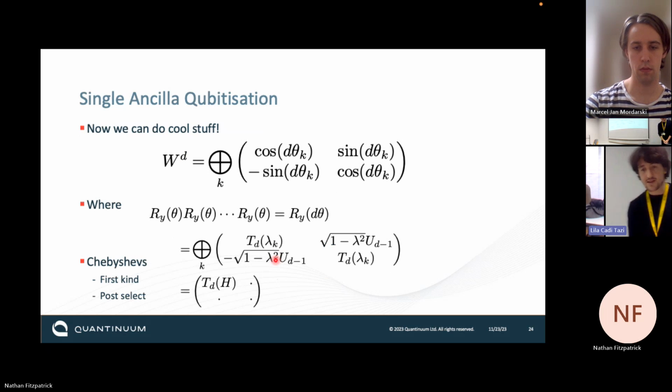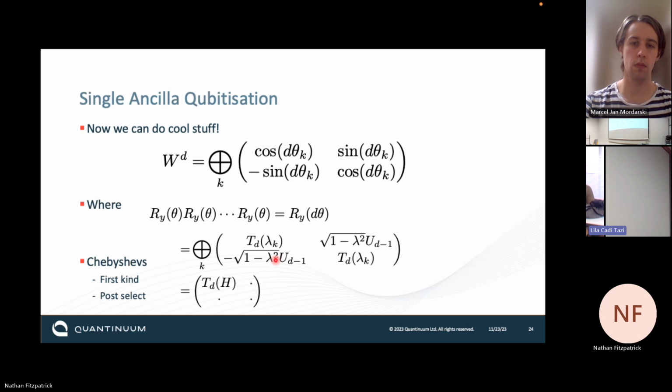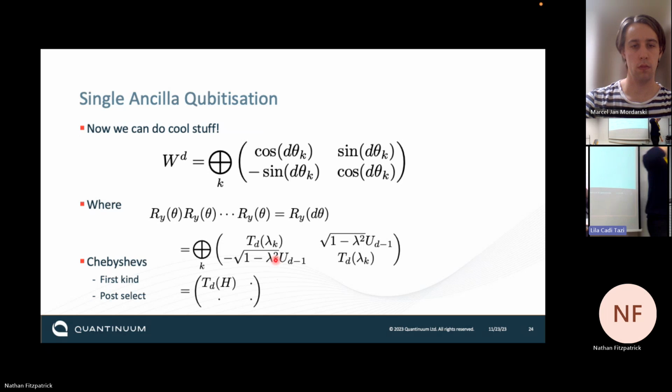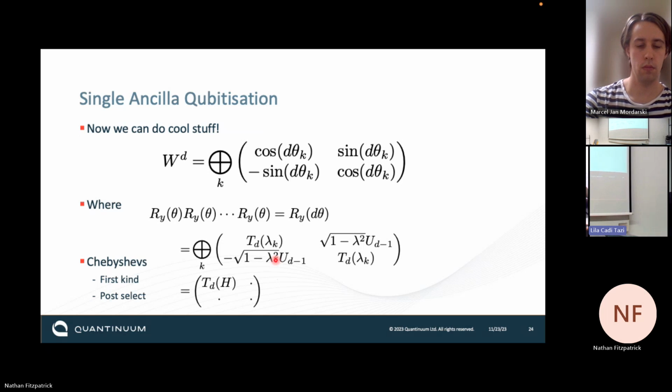Okay. Anyways, so just going back a step. When we apply these powers of the rotations, applying the rotation d times is just going to rotate you more and more each time. So this basically increases the angle in the rotation, but this has the form of the Chebyshev polynomials.